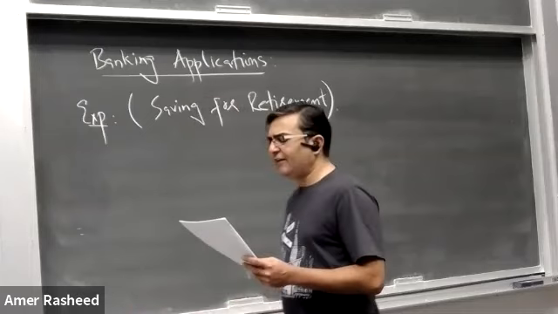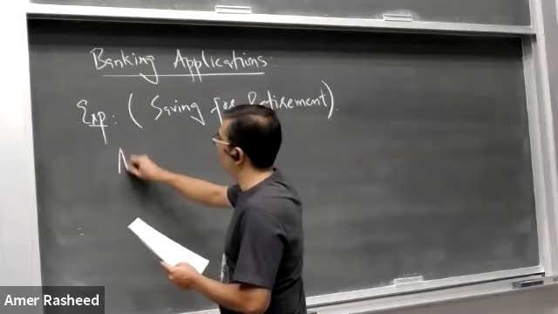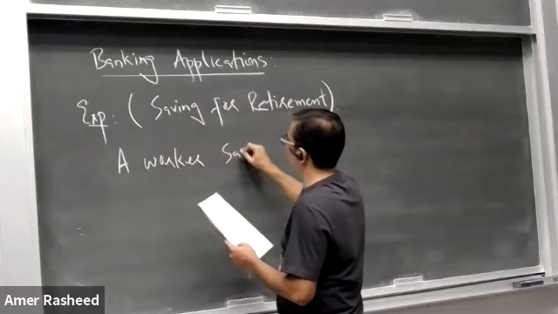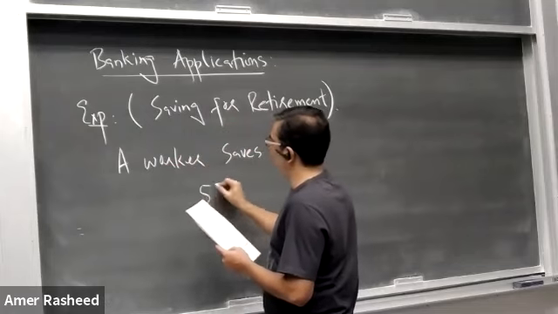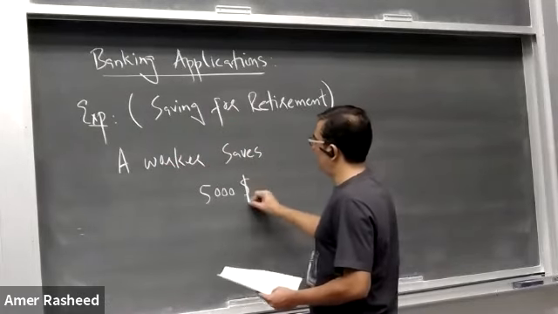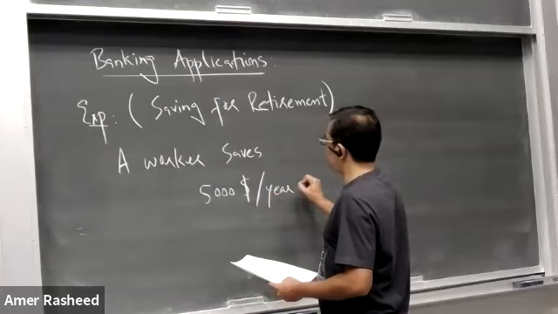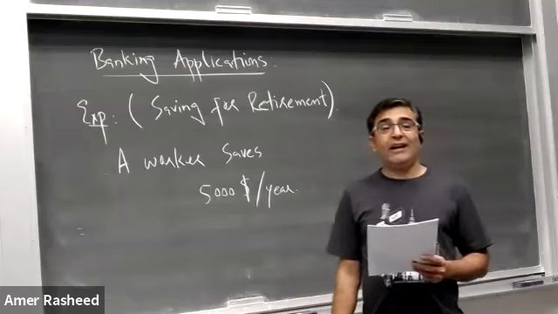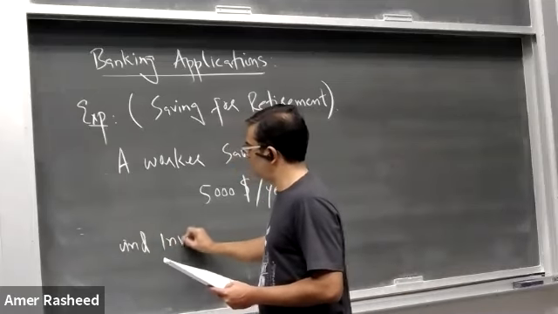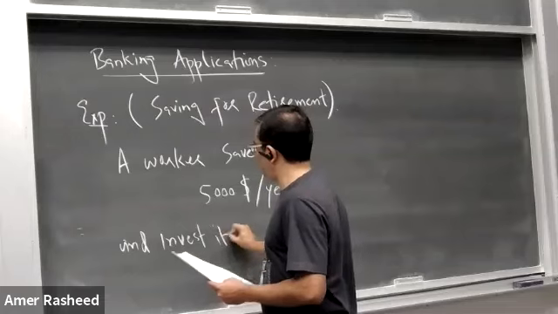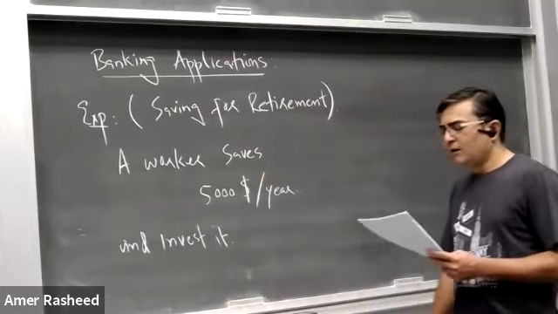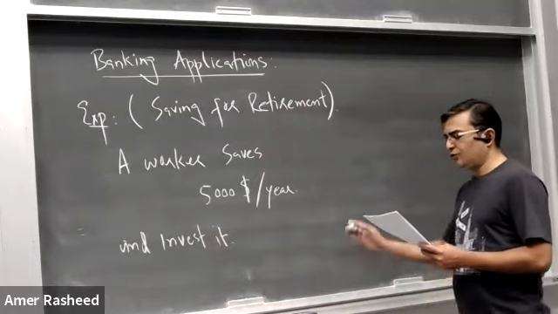A worker of the company saves $5,000, or rupees or whatever, per year, and invests it or puts it in a savings account, maybe. Whatever he does, we don't know.